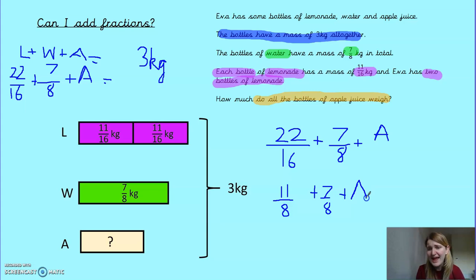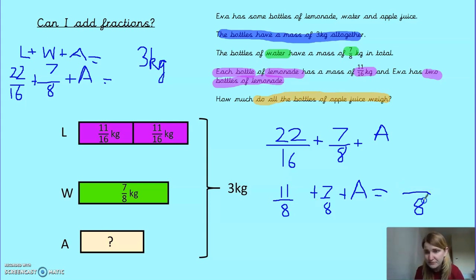Now, a bit like before, I've got a whole number as my answer, but actually I prefer everything as a fraction. It makes it a lot easier, because all I have to worry about is my numerators and adding and subtracting those. So if I wanted to turn 3 kilograms into an improper fraction, what would I do? Well, I want my denominator to be 8.